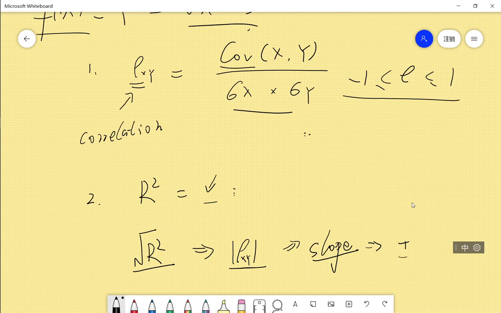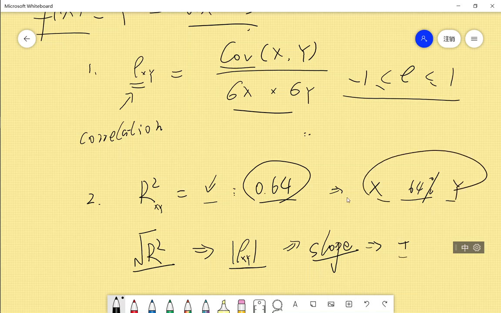So the R square of x and y is 0.64. That means that x explains 64% of y's variance. That's how the relationship works.